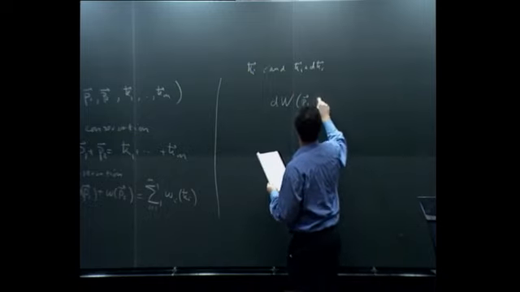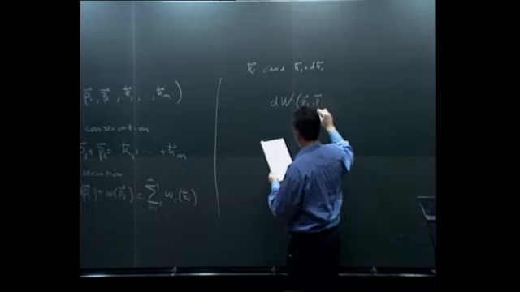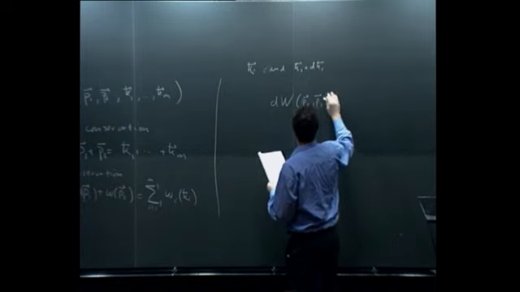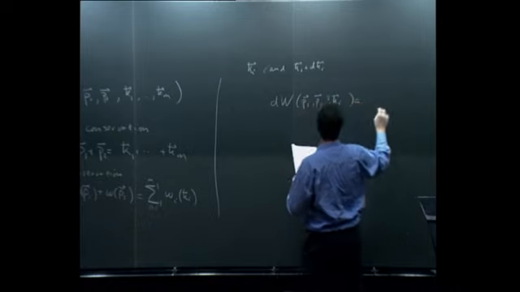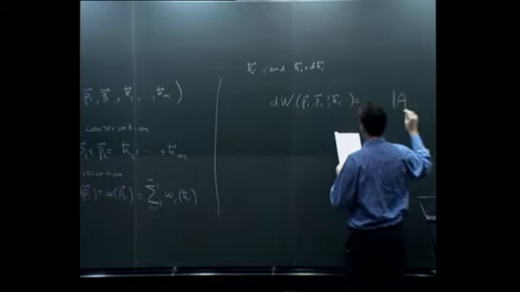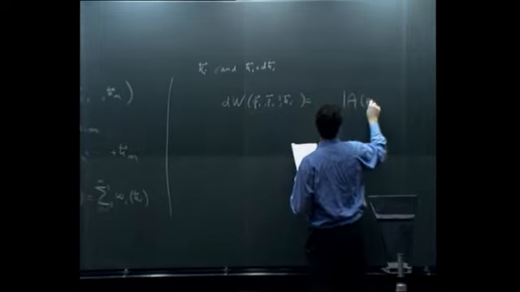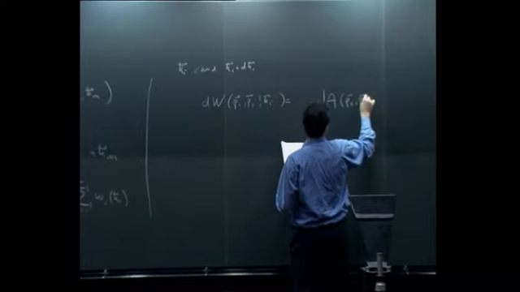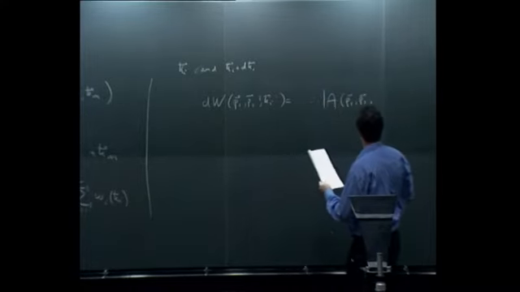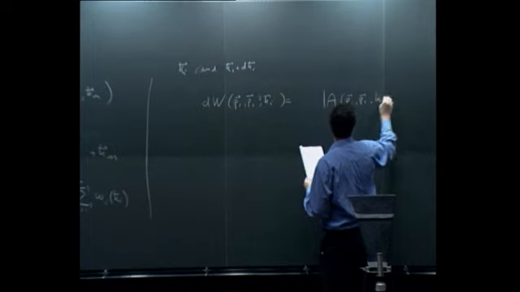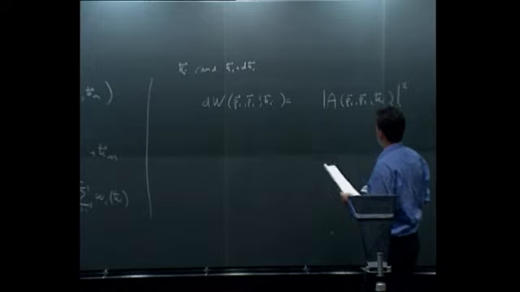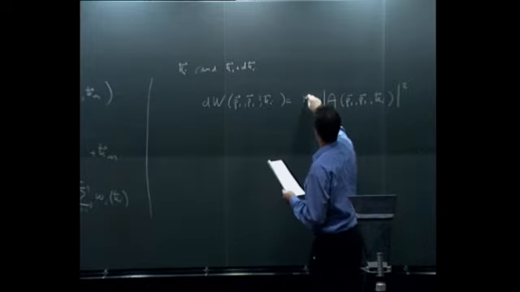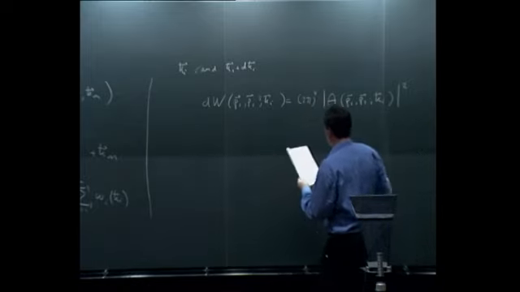And this transition probability is equal to an expression which involves, first of all, the square of this amplitude, simply because we have to go to probabilities, and in quantum mechanics we're used to squaring the amplitudes. And then I put in a normalization.